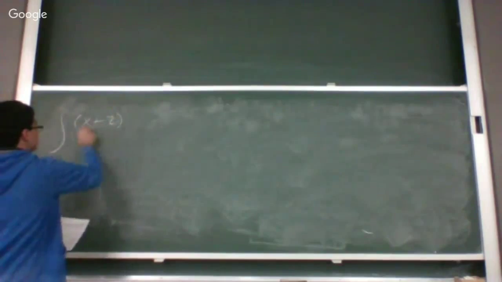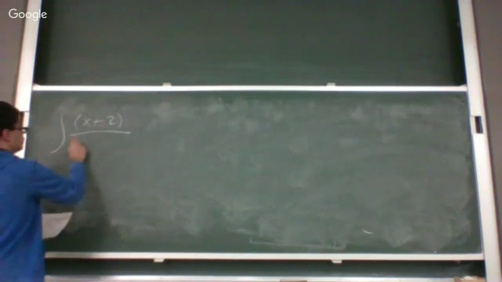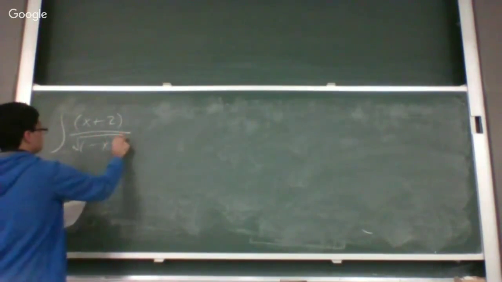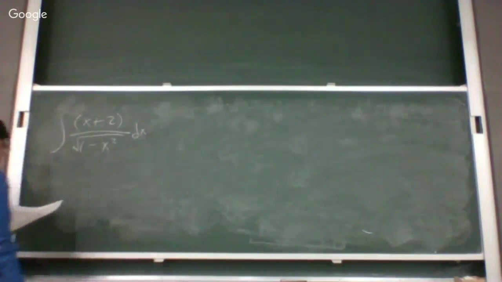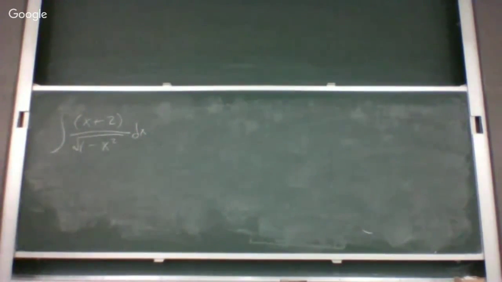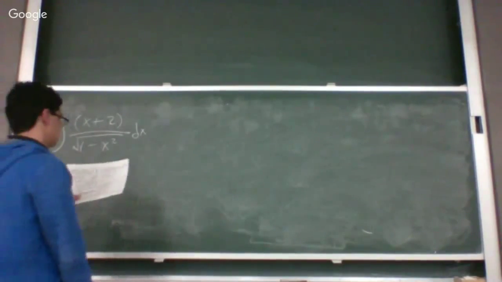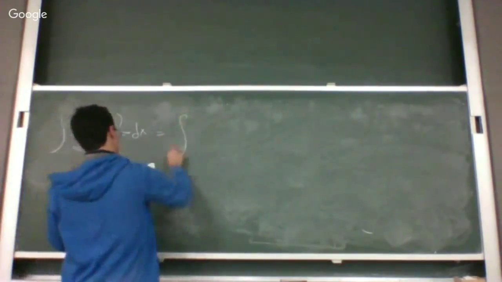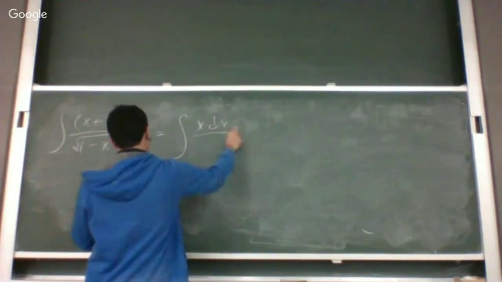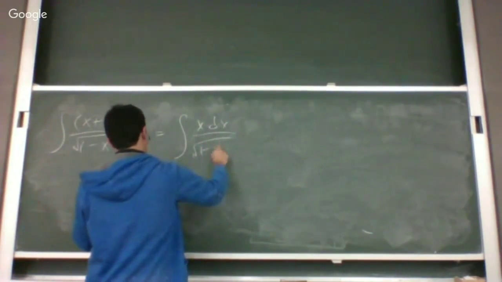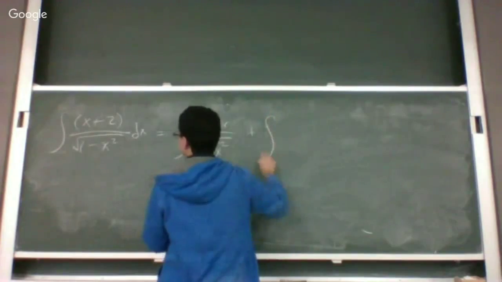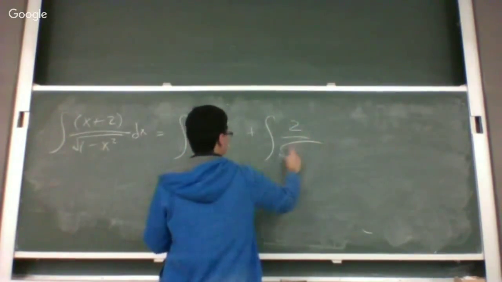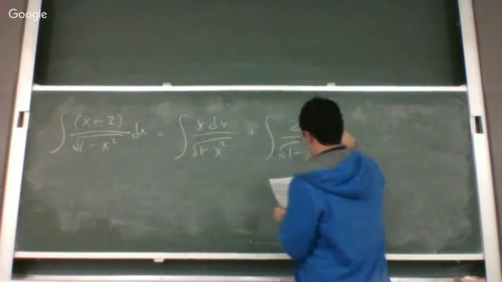If we have the integral of x plus 2 divided by the square root of 1 minus x squared, what should we do here? We can break that up. x dx divided by square root of 1 minus x squared plus the integral of 2 over square root of 1 minus x squared dx.